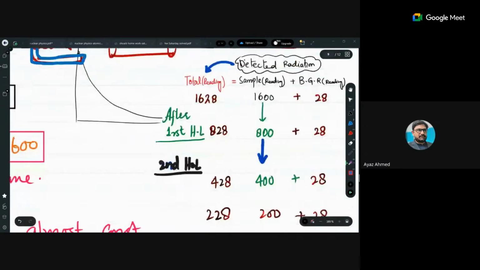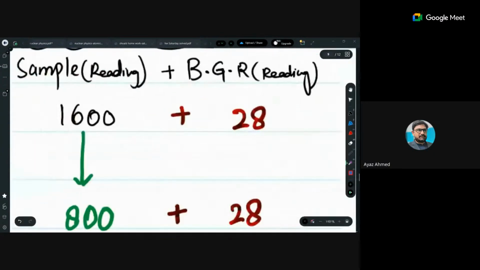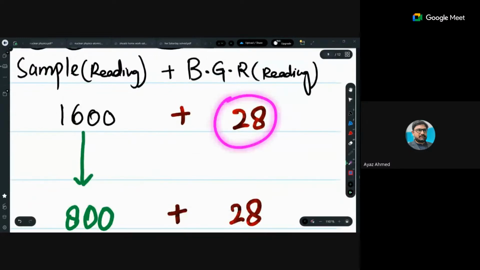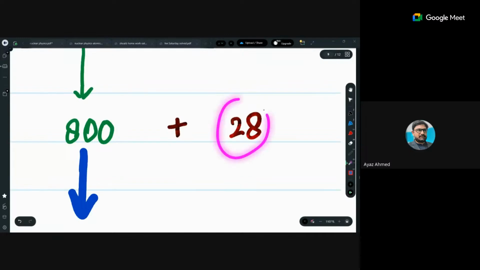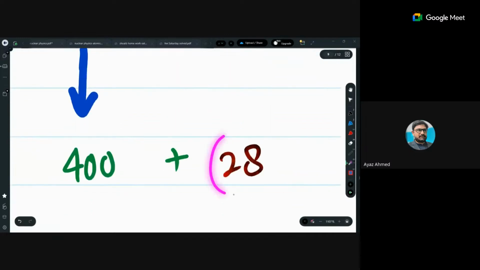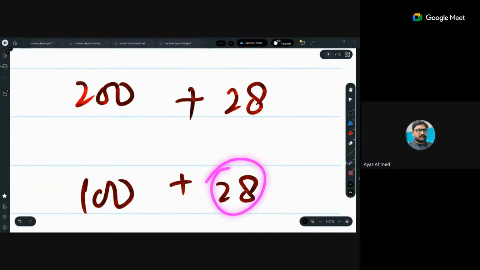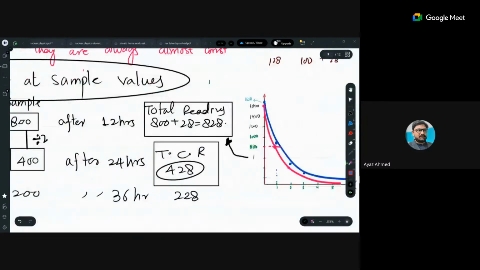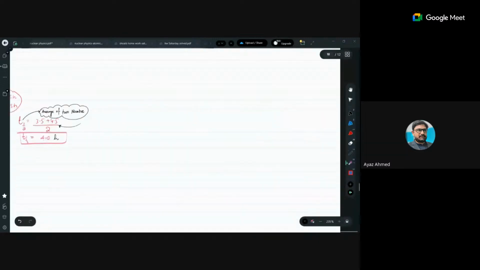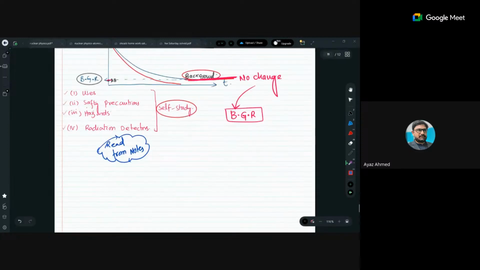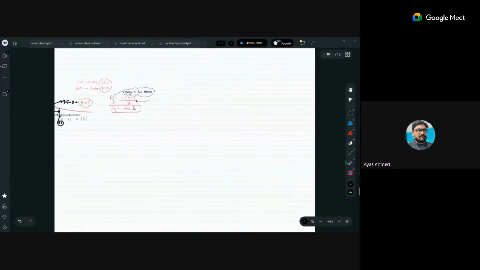Basically, background radiation is a constant number you get all the time. आप अपने घर में जब भी source on करो, detector on करोगे, so you will have almost this number. Almost. ये जरूरी नहीं है हर time 28 ही मिले, but you can have these radiations plus and minus 28 मिलेंगी आपको.